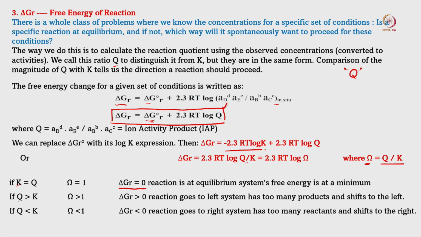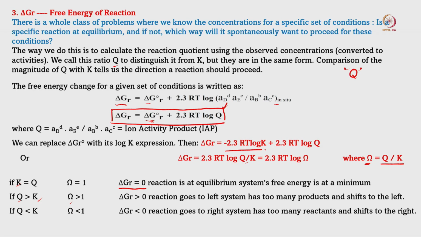If my Q is greater than K, that means my omega is greater than 1, then my delta Gr is greater than 0. Then the reaction goes to the left, that means it has too many products as compared to the reactants.